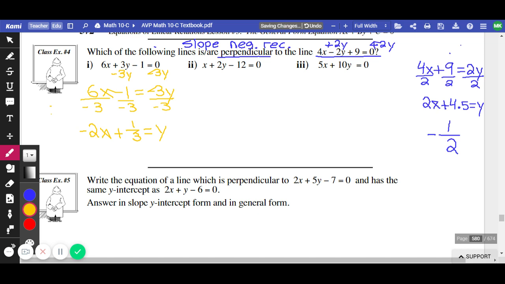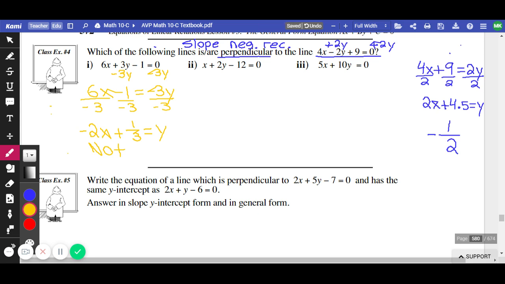Is the yellow line perpendicular to my blue line? It is not, right? My slope of the yellow line is negative 2. I'm looking for a slope of negative 1 over 2. This thing is not perpendicular, because the slope is not the negative reciprocal.